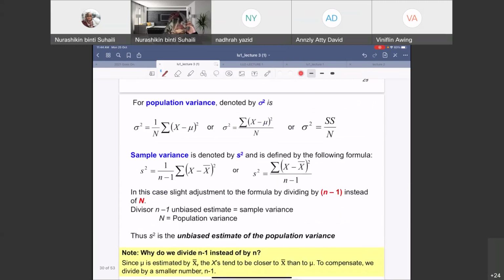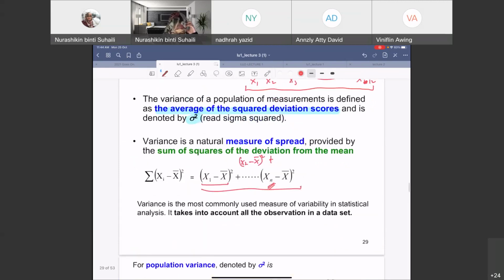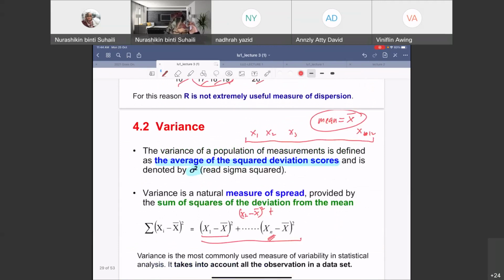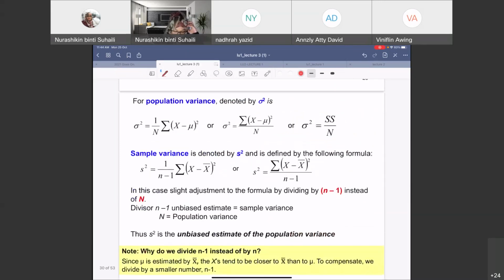The symbol just now, sigma, refers to population variance. When we talk about statistics, we also have to consider sample variance, which is denoted by S square, but the concept is the same.